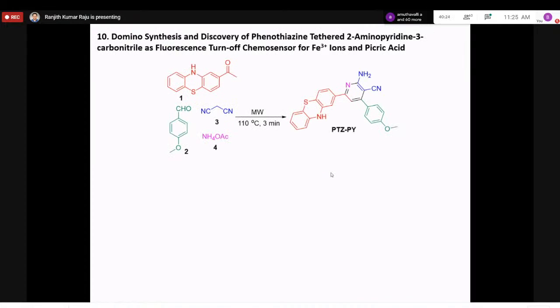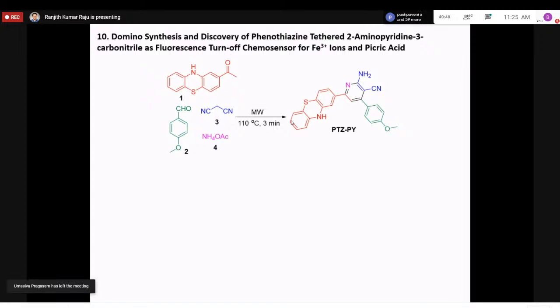Then by exploring substitution, in the previous case we had furan as the substituent, and here we changed it to phenothiazine. Phenothiazines are well known for use in making OLEDs, and their photophysical properties have been studied very well.